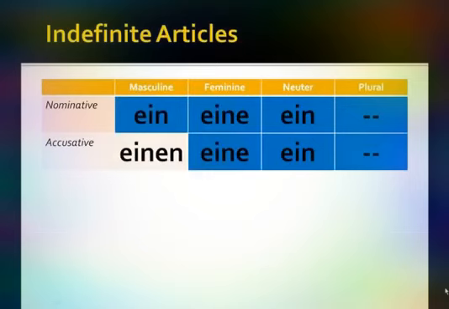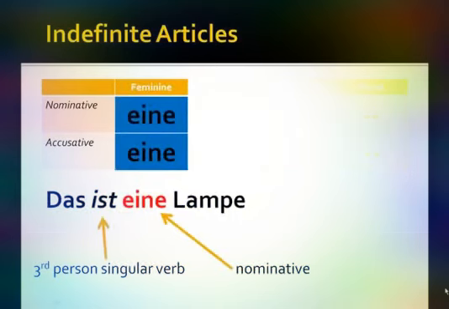So we sort of build our knowledge up. Looked at the charts. Let's apply this to some real-life sentences. So, das ist eine Lampe. That is a lamp. Now, I know that Lampe is going to be a feminine singular noun. It's die Lampe.